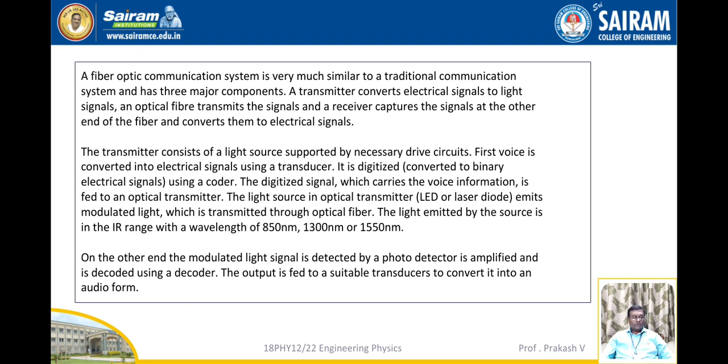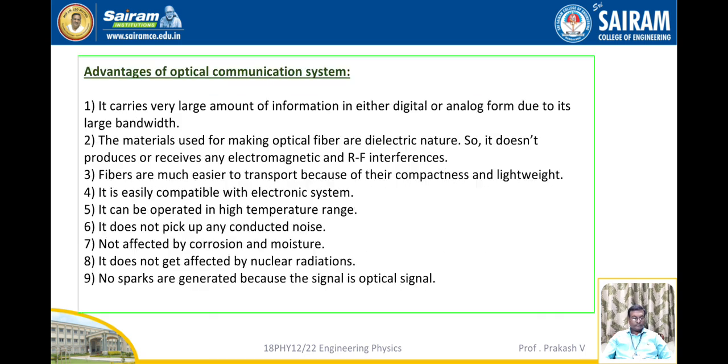Now I am going to discuss the advantages of the optical communication system. It carries a very large amount of information in either digital or analog form due to its large bandwidth. The materials used for making optical fibers are dielectric in nature, and fibers are much easier to transport because of their compactness and light weight.